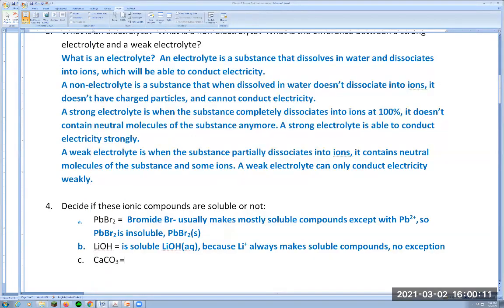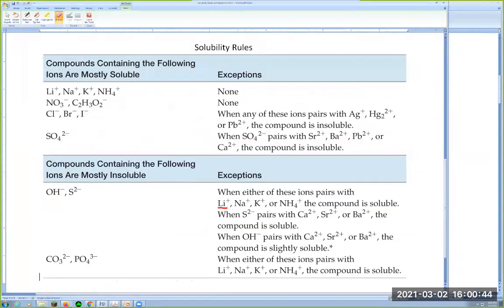Okay, so let's move on to CaCO3, calcium carbonate. Hopefully you recognize the calcium and then the carbonate polyatomic ion. You can see that there is no calcium to be found in the list of ions on the left side of the table here.